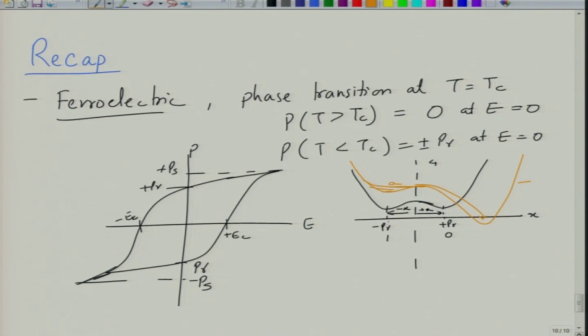So this will give rise to plus Ps, and at minus Ps you will have the reverse situation. So all the atoms will shift here, this will be minus Ps, this is plus Ps, okay, and the intermediate situations will happen as per the movement of the atom in the wells, and then correspondingly you will have 0, Pr, or plus or minus Pr, okay. So this is what we looked at last time.